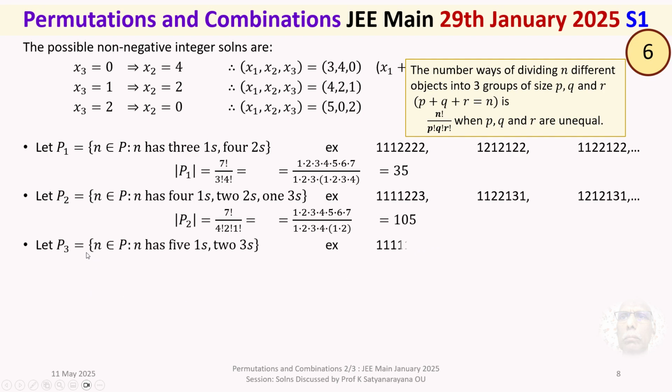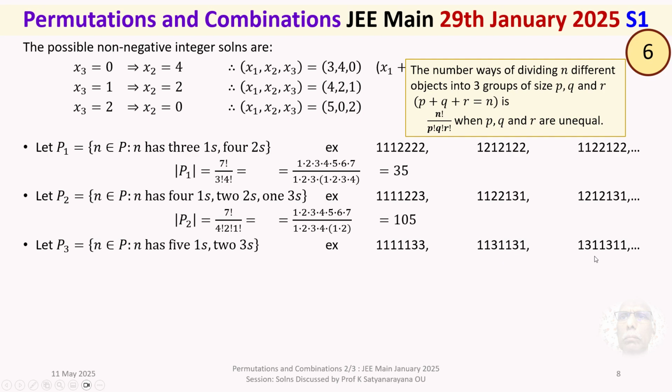Let P3 be the set of all those numbers from P such that the number has 5 ones, 0 twos, 2 threes. For example, 5 ones and 2 threes make a 7-digit number and the sum is 11.